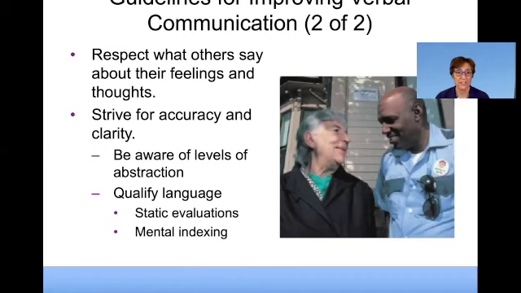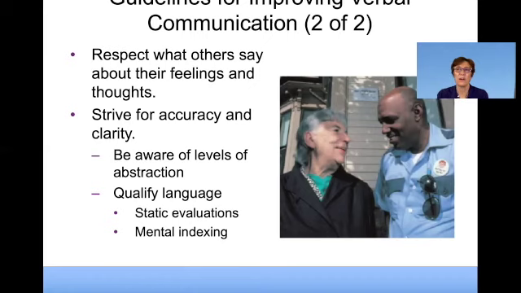And then you want to qualify language by giving the specific examples that what you're saying applies to. A static evaluation is something that's static, like somebody always is something. The previous one, you are domineering, is as if they're always domineering, whereas the actual situation was that the person felt that way when they were raising their voice or yelling. So be careful about static evaluation.